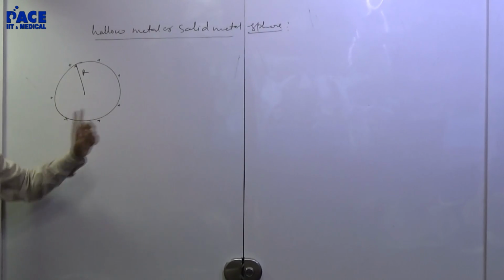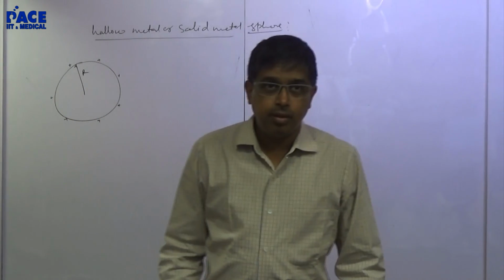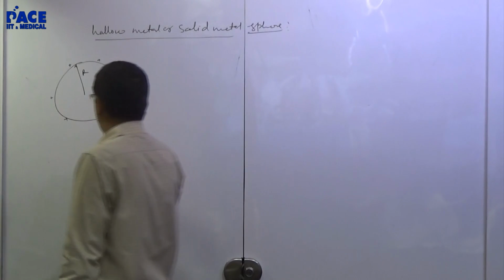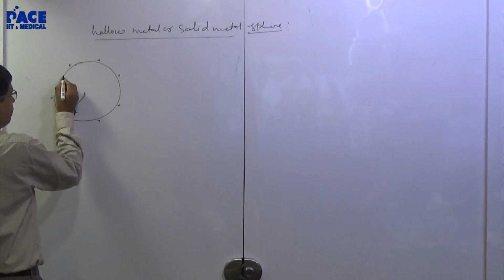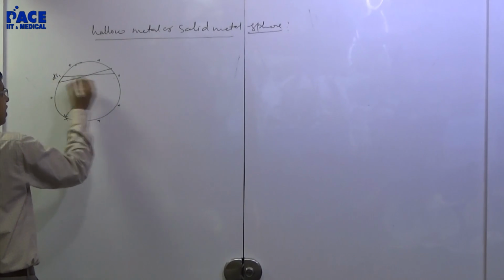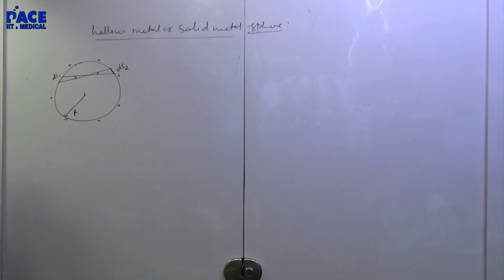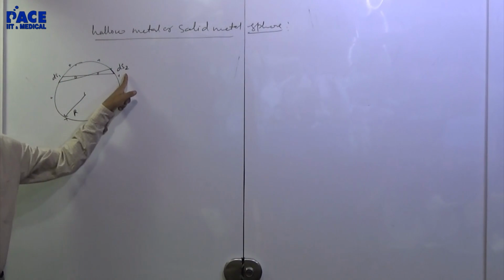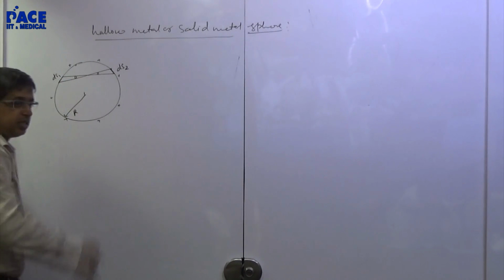The charge is uniformly distributed. Look out for this logic. I will consider a point here because of ds1 and the point here because of ds2. The two small elements that you are considering as ds1 and ds2 will be very small, right? So that I can use the concept of point charges.